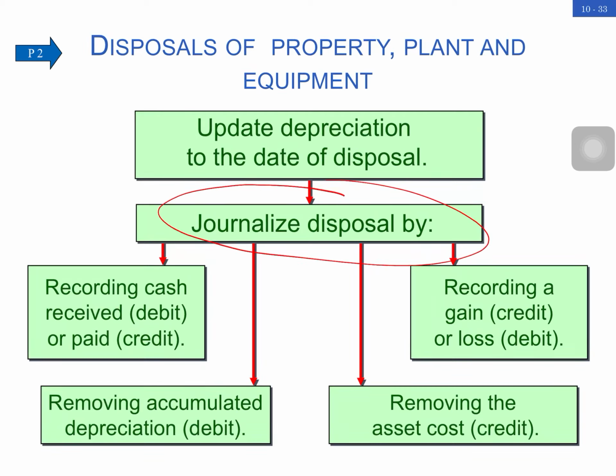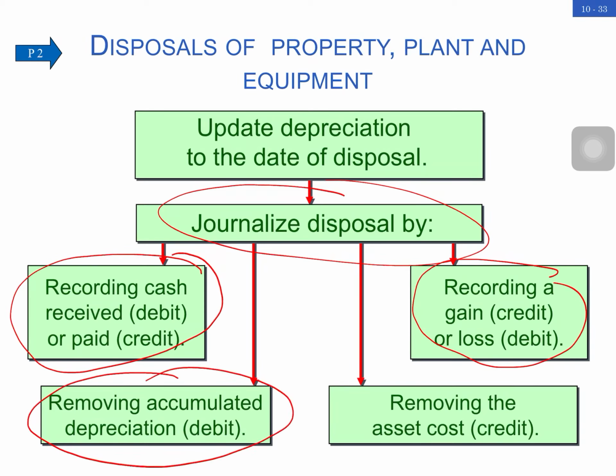Journalize disposal by recording cash received or paid, and recording a gain or loss, and also removing accumulated depreciation on debit. Okay, and then removing the asset cost. Normally the accumulated depreciation is on credit, right?